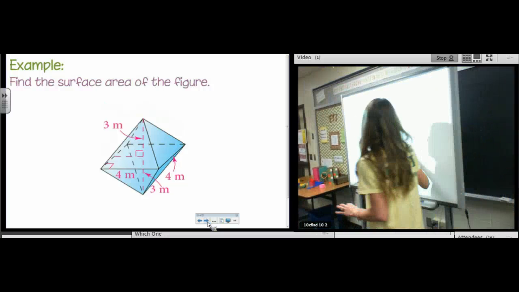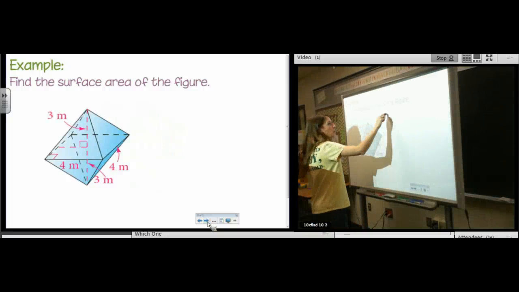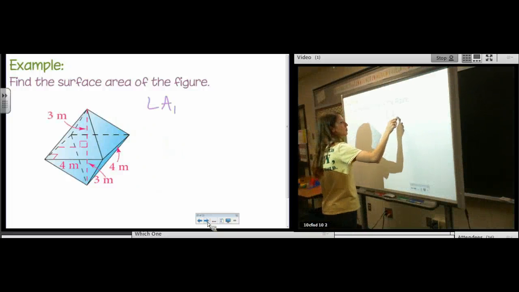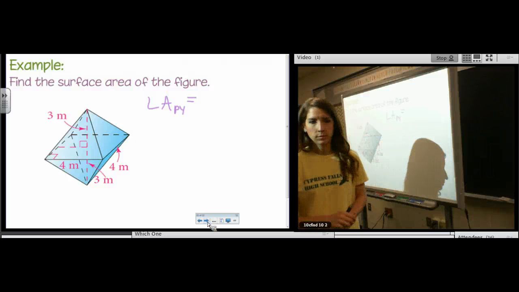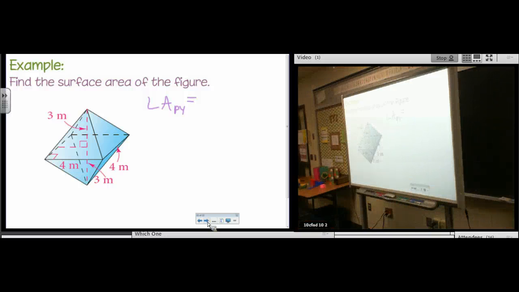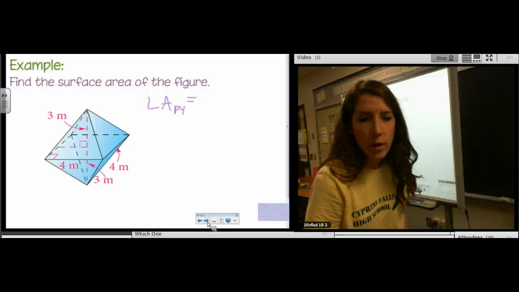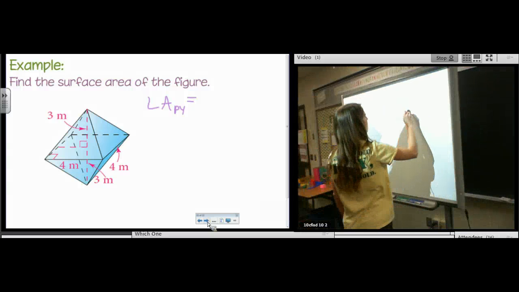That's not bad. How do you find the LA of a pyramid? One half PL, very good.